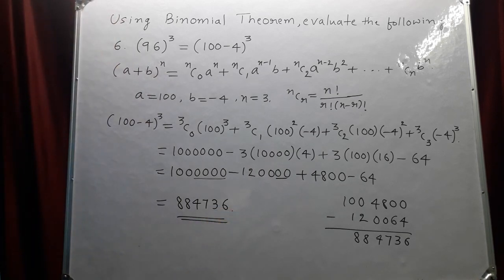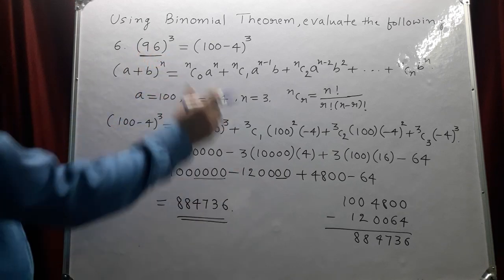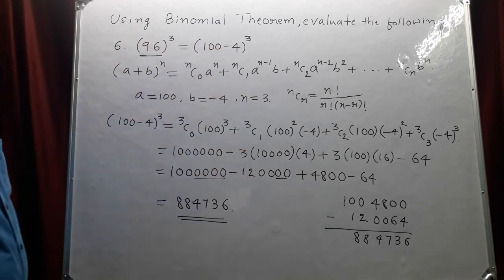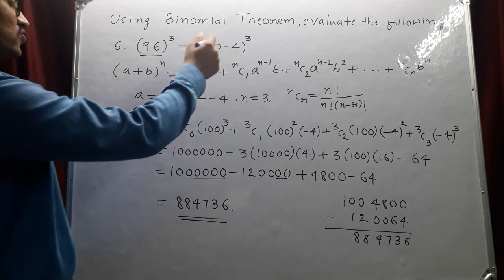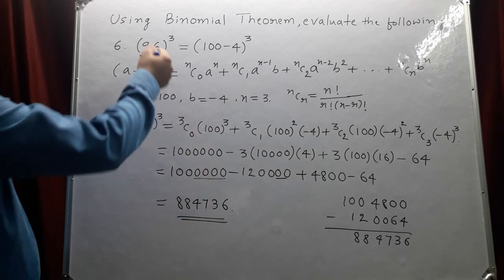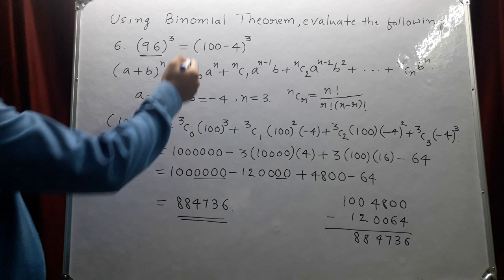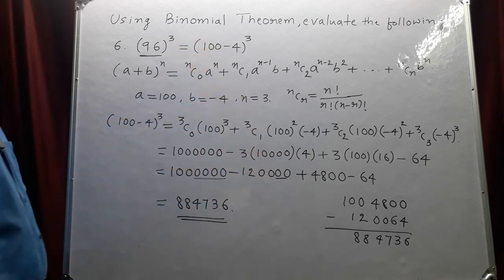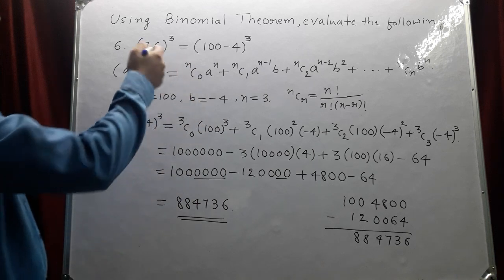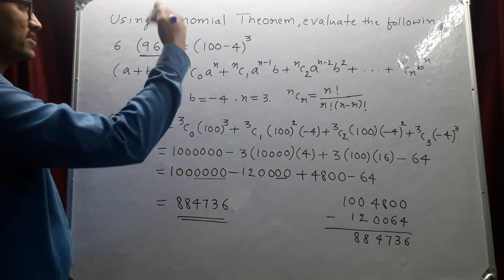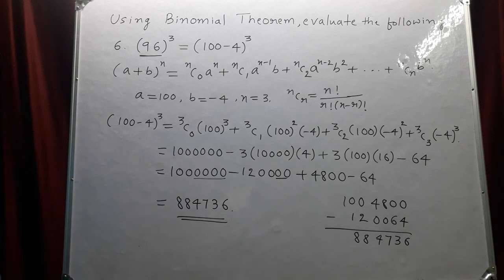Like this we can find the value of quantities like this. We have to convert it into the nearest value such that we can find the powers of those two numbers easily. Whenever we have 96, 99, 101, 105, we can take the nearest value as 100. Similarly, 990, 995, then we can take the value as 1000. Then we can use the binomial theorem for the expansion.